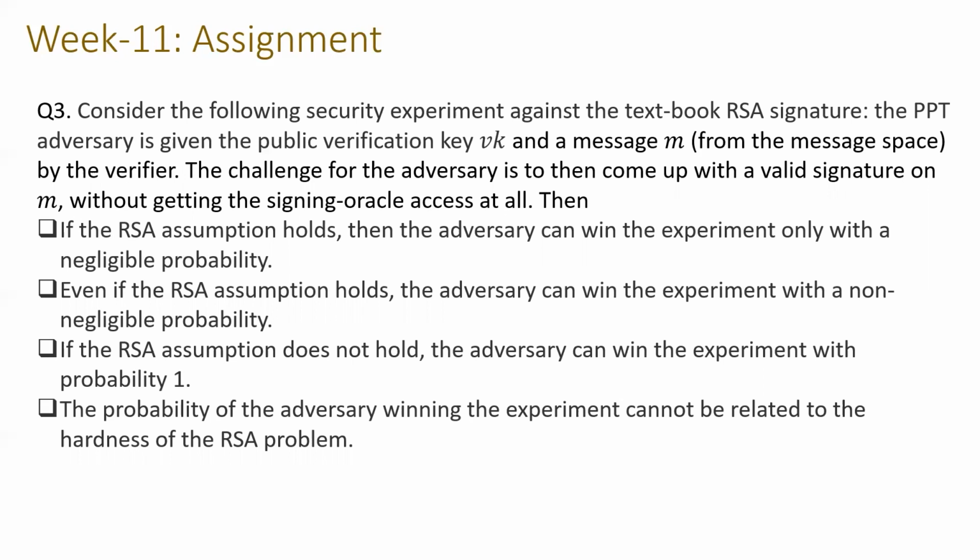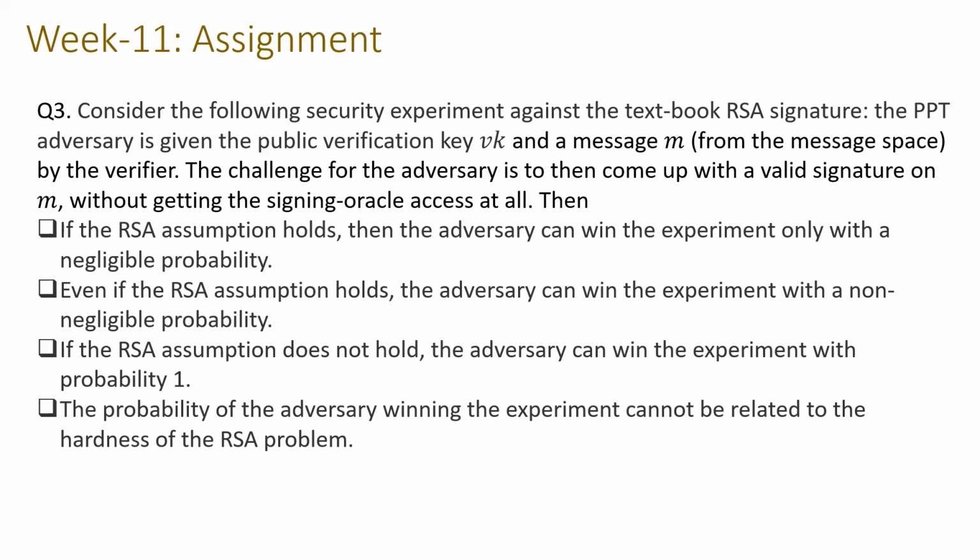So you have some message M and you are seeing M to the power SK mod N, which is the signature corresponding to message M. Whether an adversary can tell the underlying message M from this signature is the RSA problem, and the RSA assumption says this is hard.